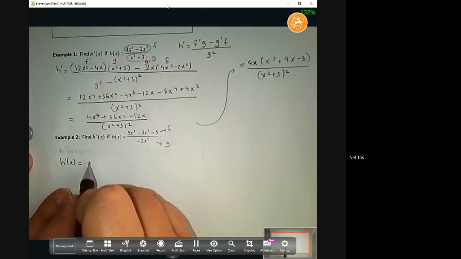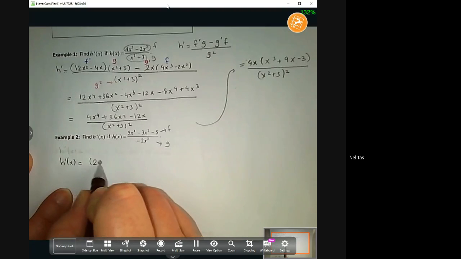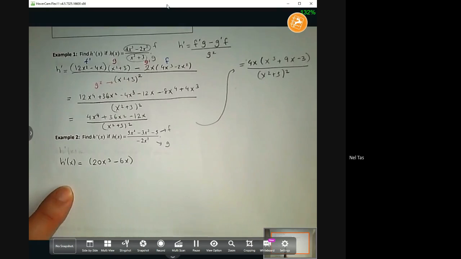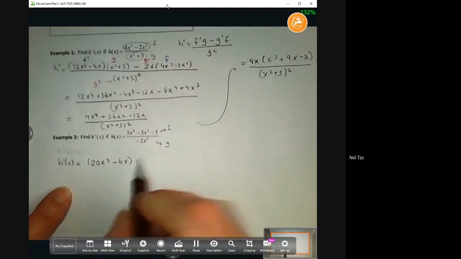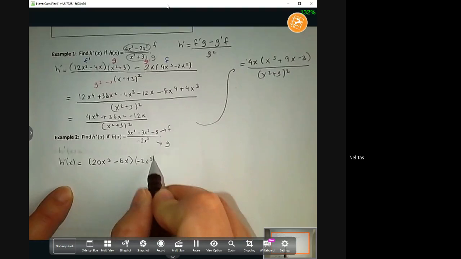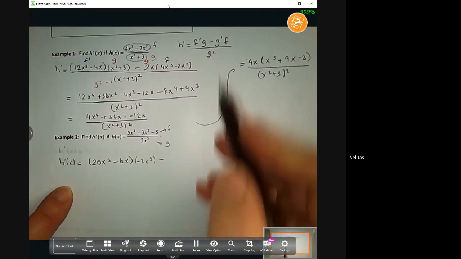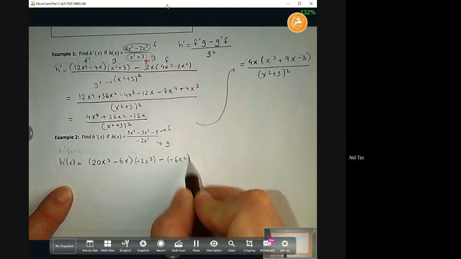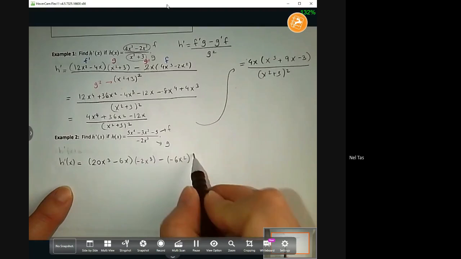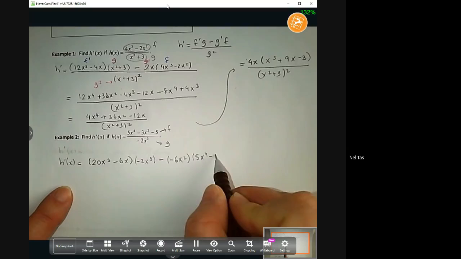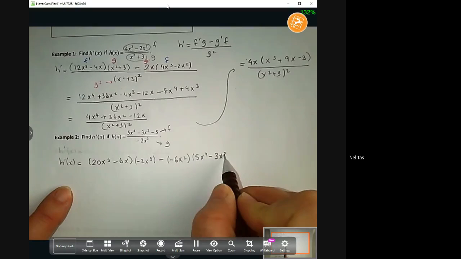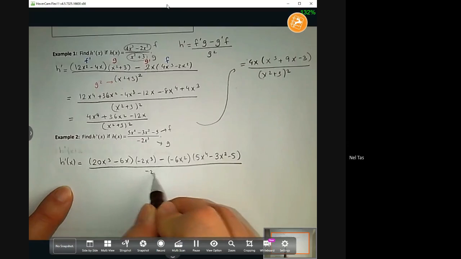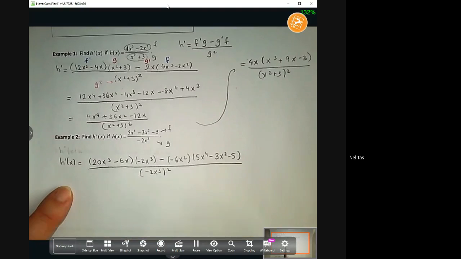So we are taking the derivative of numerator, 20x cubed minus 6x, times g, negative 2x cubed, minus g prime, negative 6x squared, times f, 5x to the power of 4 minus 3x squared minus 5, over g squared, negative 2x cubed squared.